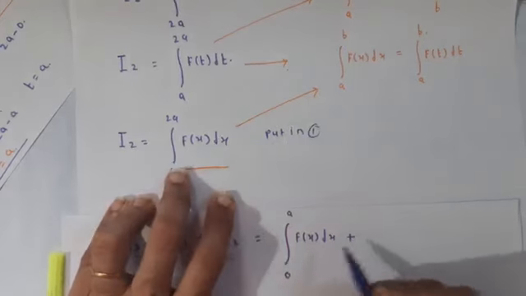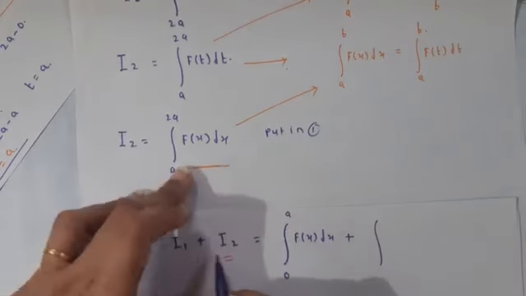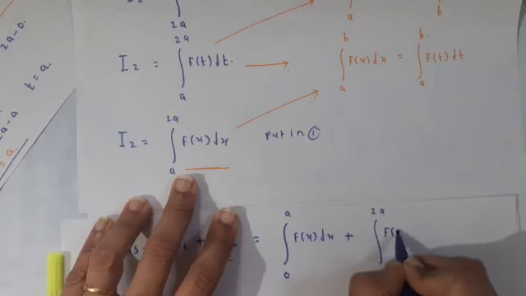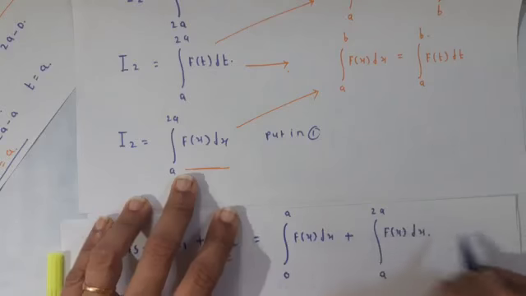We get I2 equals the integral from a to 2a of f(x) with respect to x.